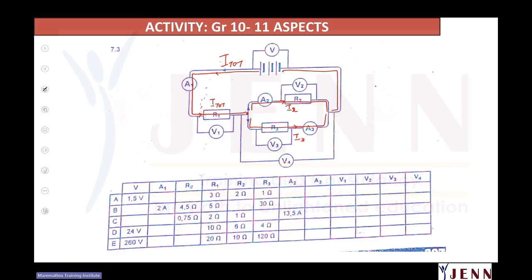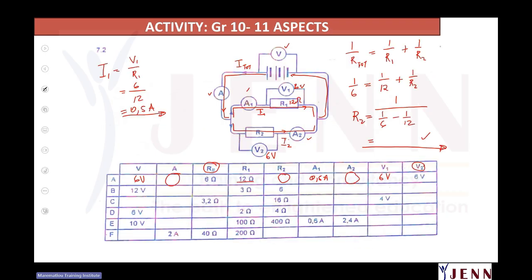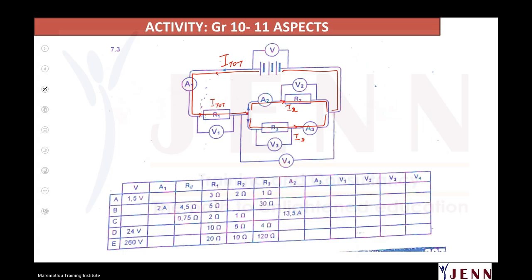This is also a good example of what the examiners use. Examiners are limited to asking you about 4 resistors in a circuit, so they will either go this route or that route. If you look at that, we know this is a parallel connection.